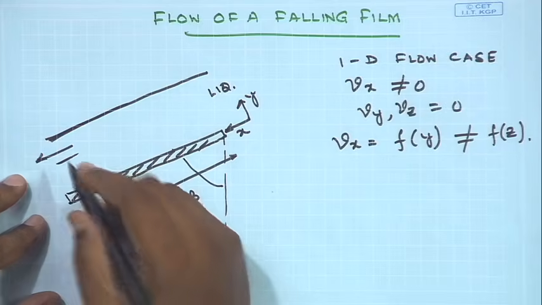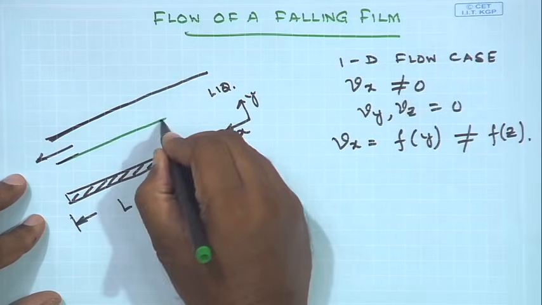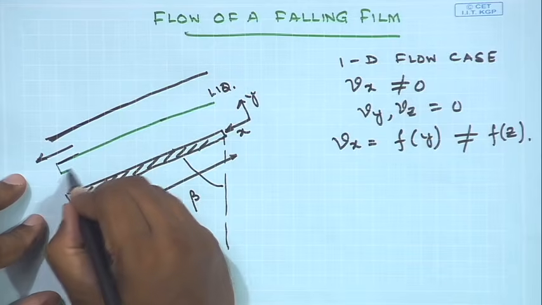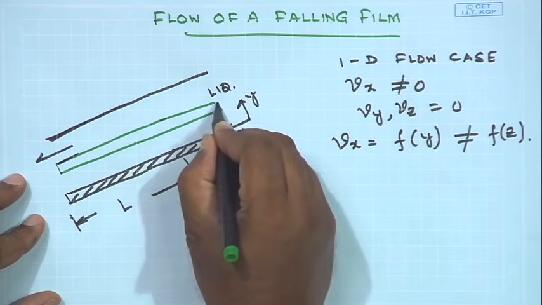It's of thickness delta y, and we are going to find out what are the different ways by which the momentum can come into this control volume. So, the control volume that I am going to use is this. This is my control volume.